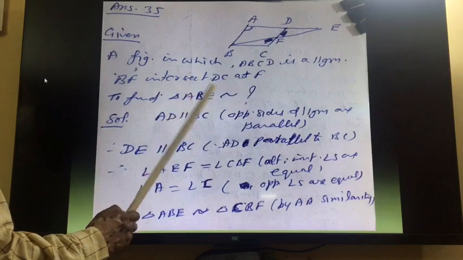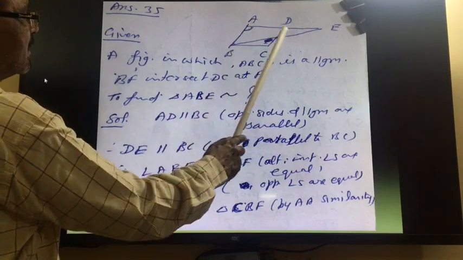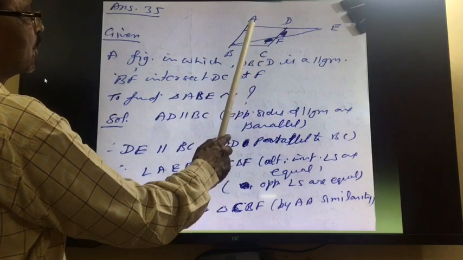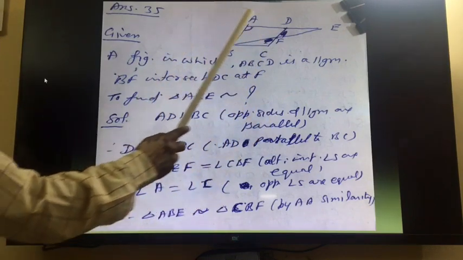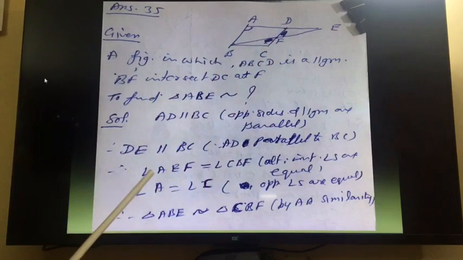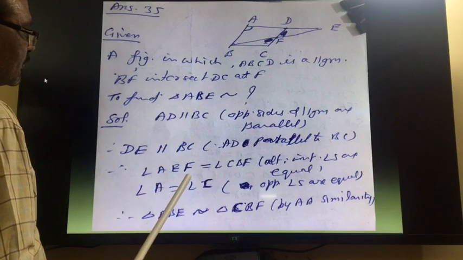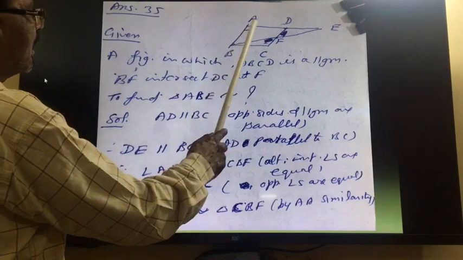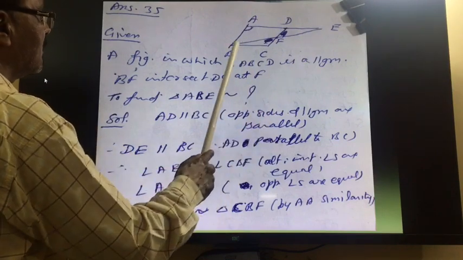So for this, AD is parallel to BC. This line AD is parallel to BC because opposite sides of a parallelogram are parallel. So we can say DE line is also parallel to BC. Now we will take this triangle. So AEF, A, E and F, or we can take AEB.